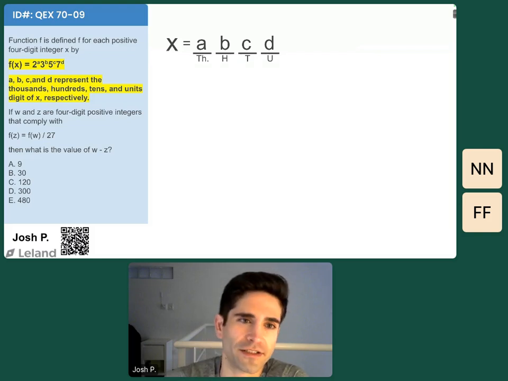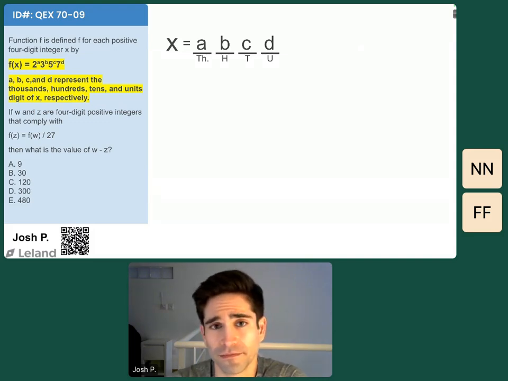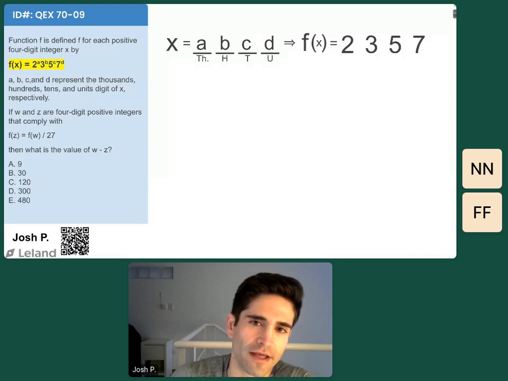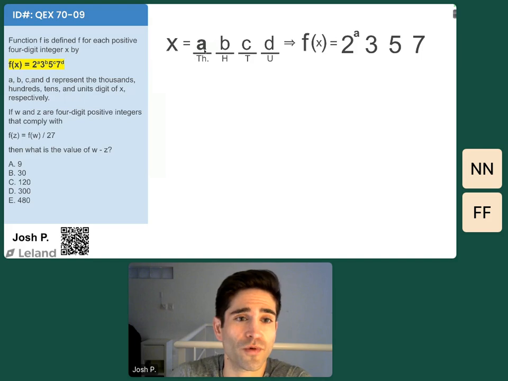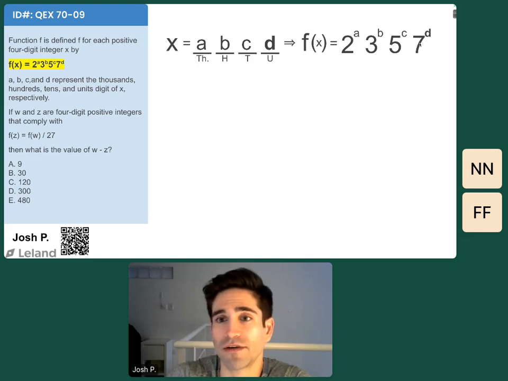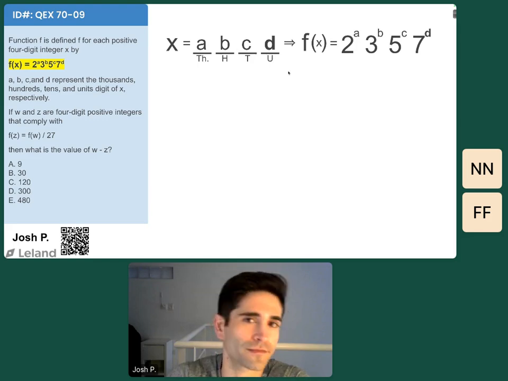So it basically means that if x is equal to a, b, c, d, then the function would be 2 to whatever digit is in the thousands times 3 to whatever digit is in the hundreds times 5 to whatever digit is in the tens times 7 to whatever digit is in the units.